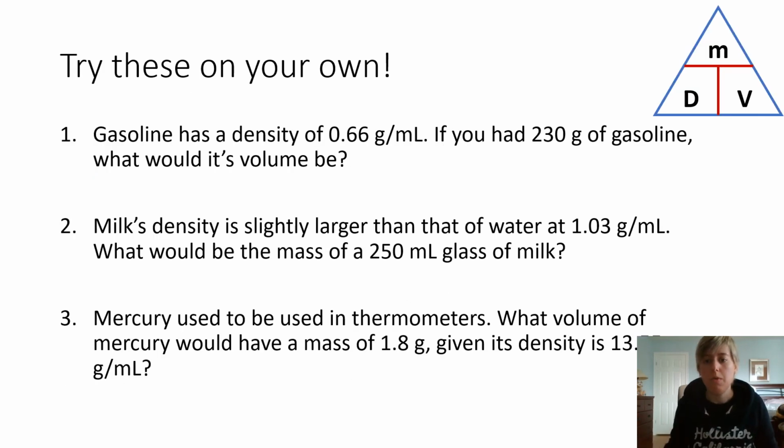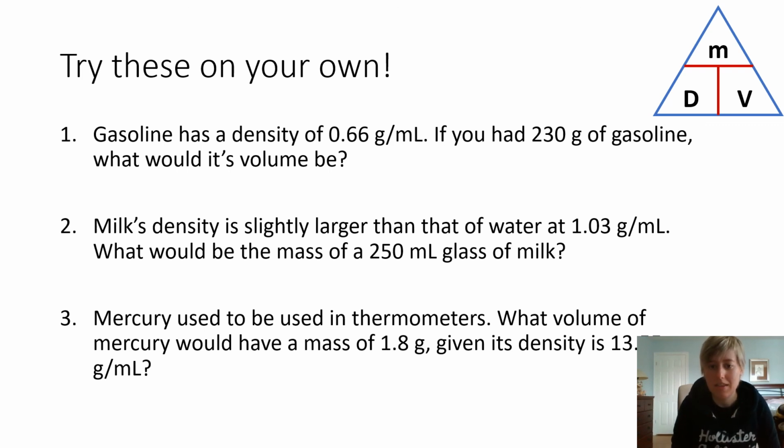So what we have right here is three examples, and what I'd like you to do is go through each one, and then we're going to solve them together. The only thing that I notice is that the density of mercury is actually chopped off.